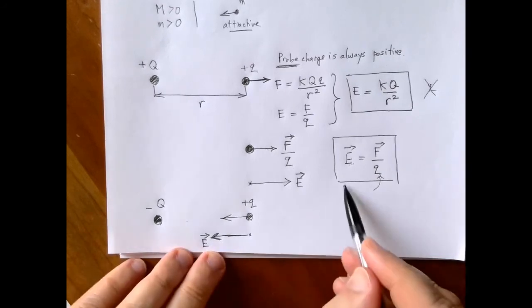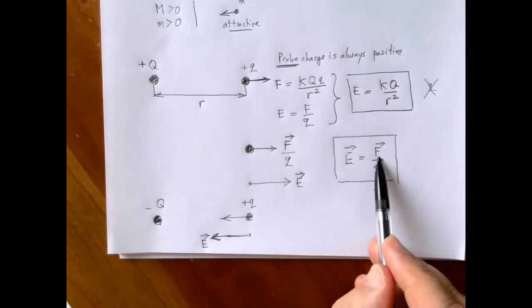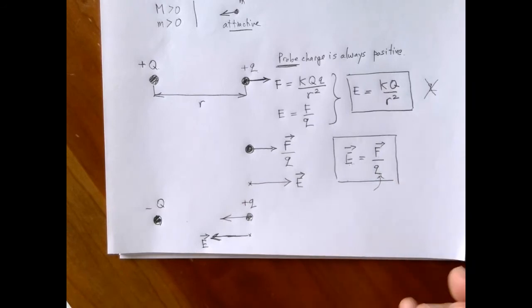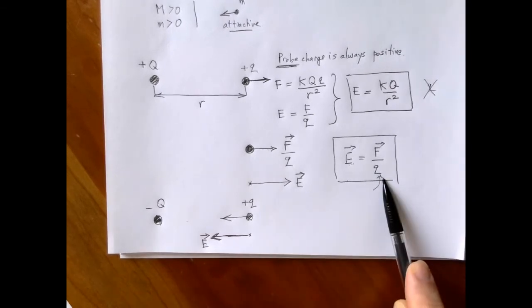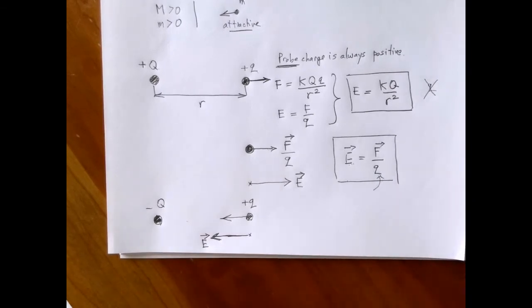And this is consistent with this definition. If I have a force to the left, I divide by something positive, I end up with something that is also to the left.